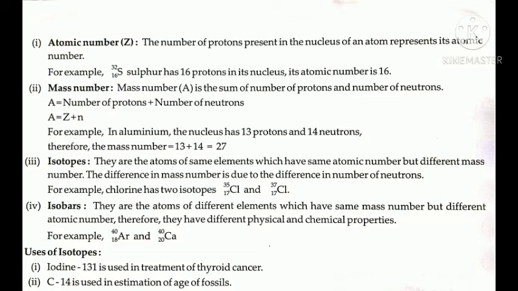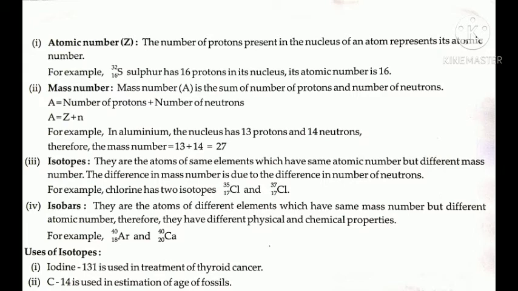Isobars. They are the atoms of different elements which have same mass number but different atomic number. Therefore, they have different physical and chemical properties. For example, argon Ar with atomic number 18 and mass number 40 and calcium with atomic number 20 and mass number 40.